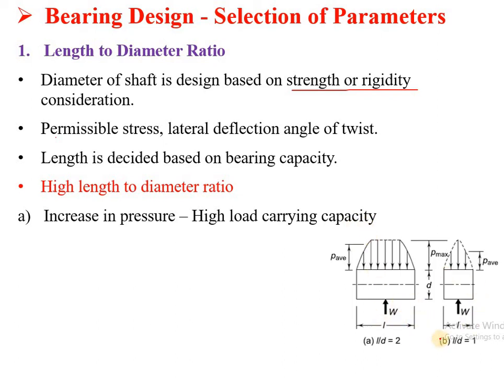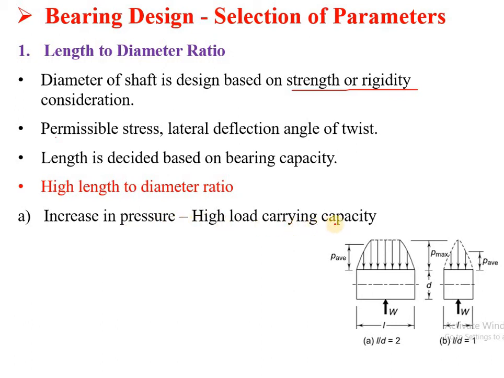Here is the diagram, if your L by D ratio is 2 and if your L by D ratio is 1. The diagram shows that if the L by D ratio is 2, then this is the area on which the pressure is generated. Pressure will be more as compared to the pressure due to an L by D ratio equal to 1. So you can say that if there is a high length to diameter ratio, pressure in the bearing increases.